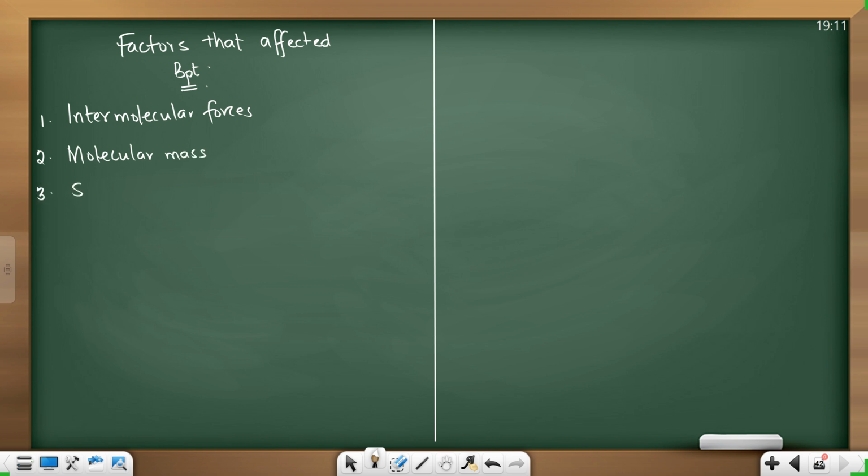Number 3, I'm going to look at the structure versus chain length. And number 4, I'm going to look at the position of the functional group. And we have 40 minutes to get that done. So we need to run.